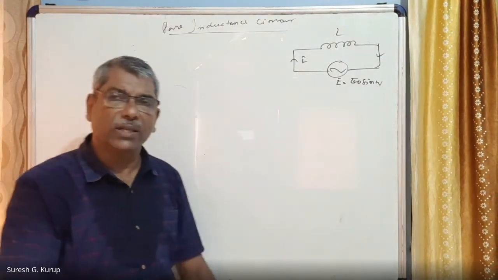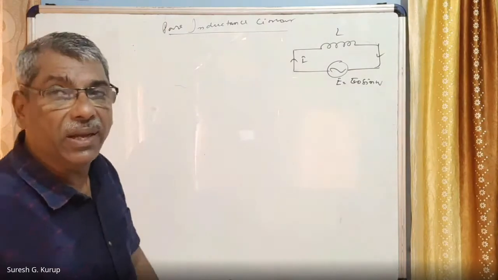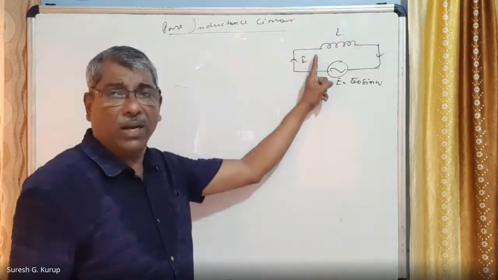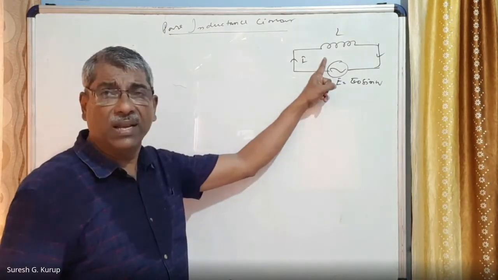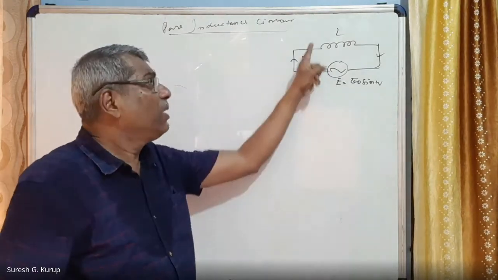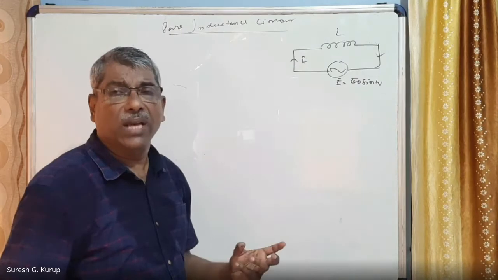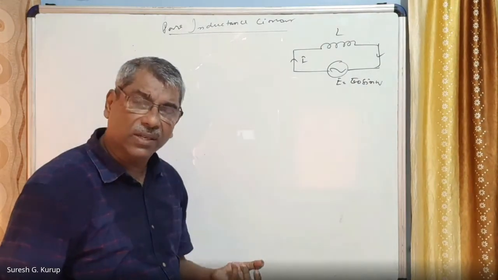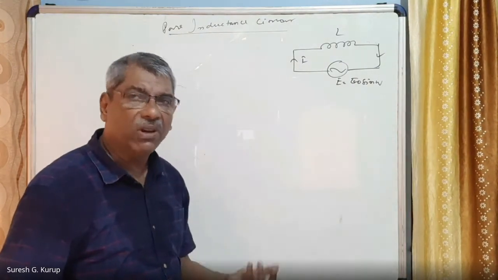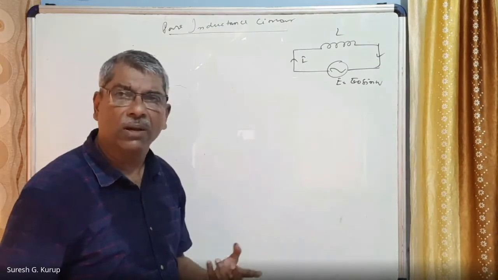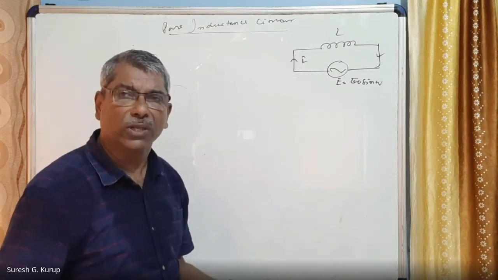Why am I speaking of di by dt? Because when EMF is supplied, current starts flowing through the coil. When current starts to flow through the coil, magnetic flux is created within the coil. In any coil, when current passes, a magnetic field is produced inside.